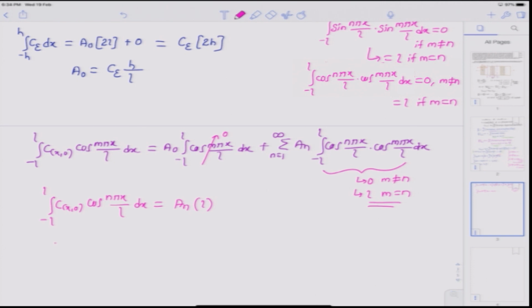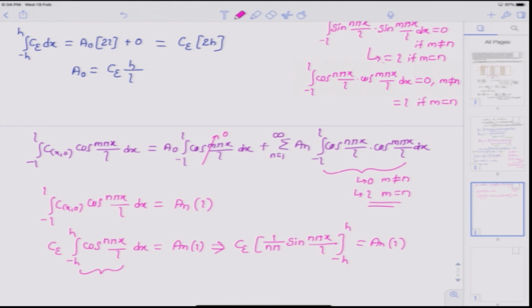So, we get C epsilon integral minus h to h cos of n pi x by L dx is equal to an times L. So, if we evaluate this integral, we get C epsilon L over n pi sin of n pi x by L from minus h to h should be equal to an L.